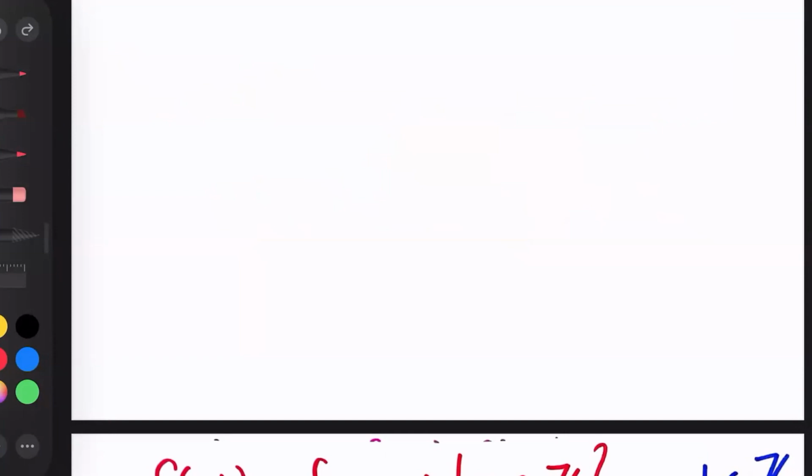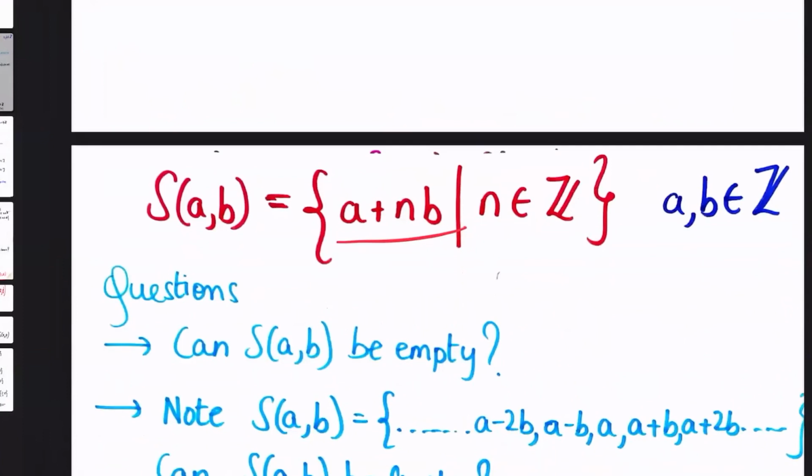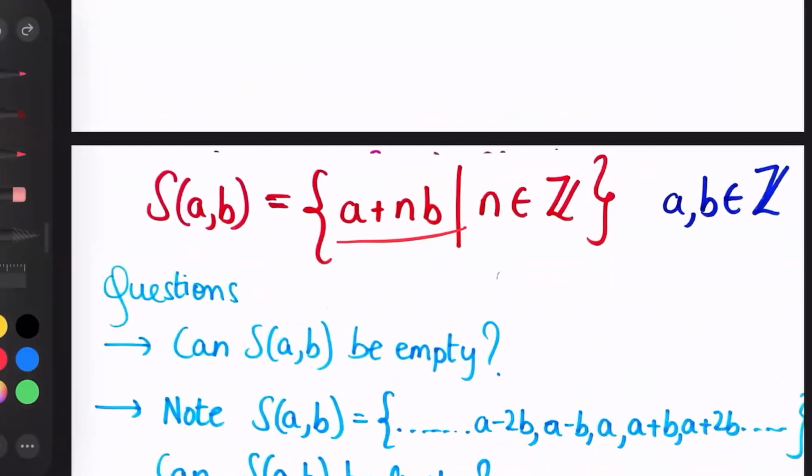If you write out the set explicitly, it looks something like this: you have a + b, a + 2b, and so on. And on the left, it extends as a - b, a - 2b, and so on. But all of this depends on the a and b that you choose at the start. You first make a choice for a and b, and depending on that choice, you expand the set S_{a,b}.